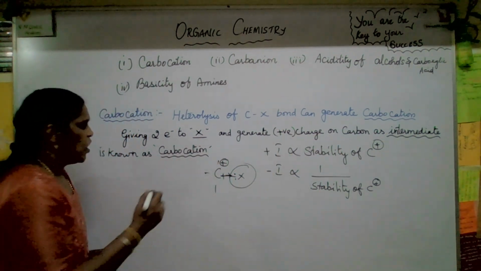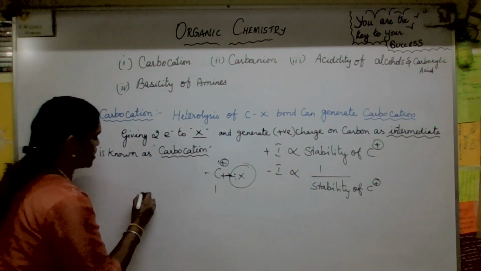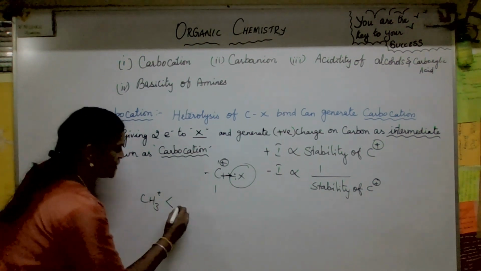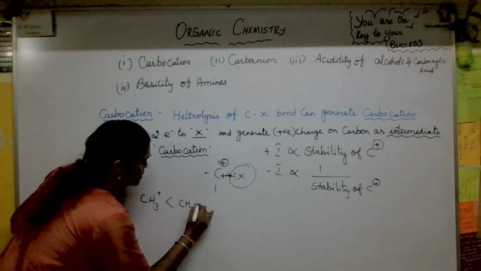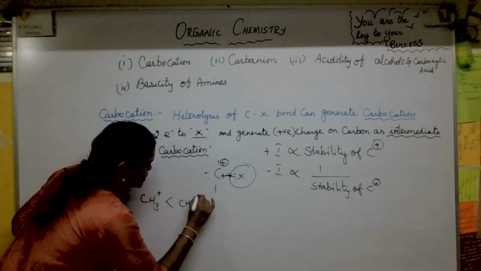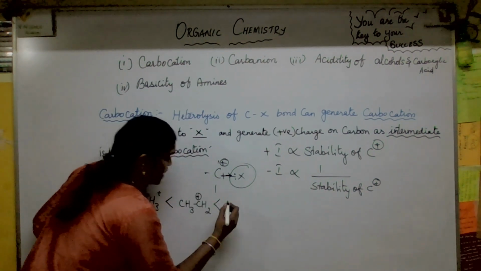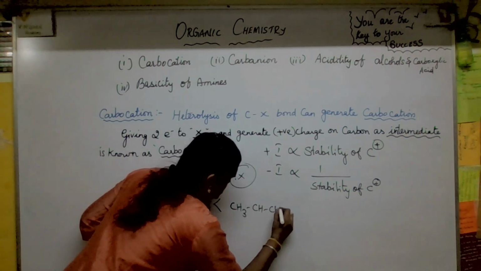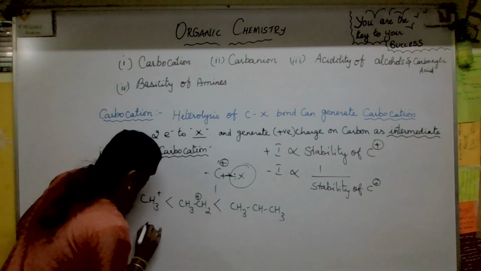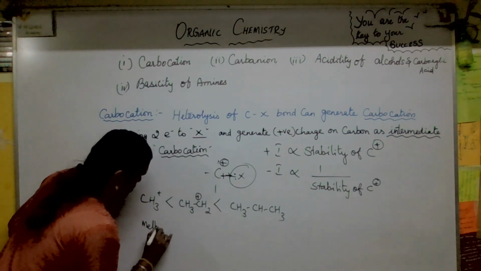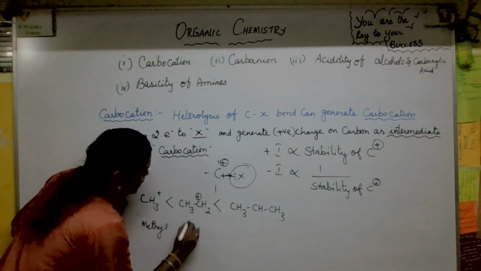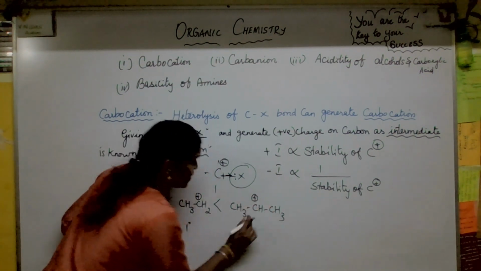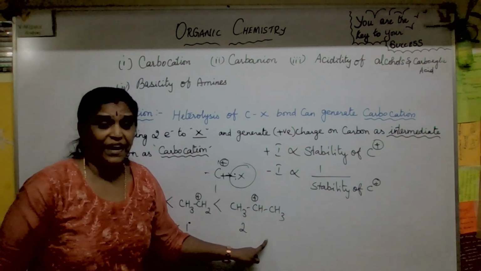Okay, so as the number of carbon increases, naturally stability of carbocation also increases. Now plus charge, as I mentioned, CH3 plus is lesser than CH3 CH2 positive charge, is lesser than CH3 CH CH3. Here methyl, here primary, here secondary. So the carbocation where the carbon is there, there only we can identify.